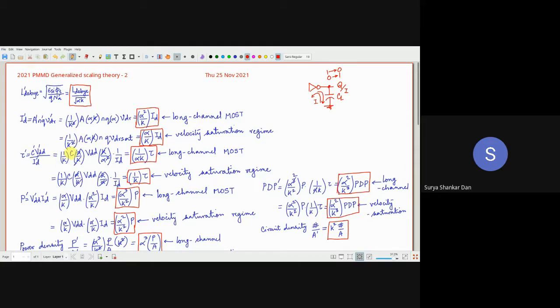So 1 upon K into C. That means the C dash scales as 1 upon K. So the scaling factor is 1 upon K, and this is C. So the C dash can be CGS, CGG, CGD, whatever. These are absolute terminal capacitances. I'm not speaking about per unit area. All right. So once we have that, that is 1 upon K into C.